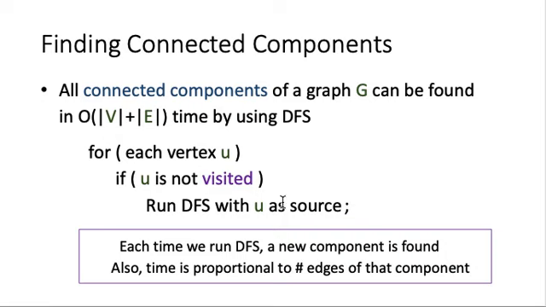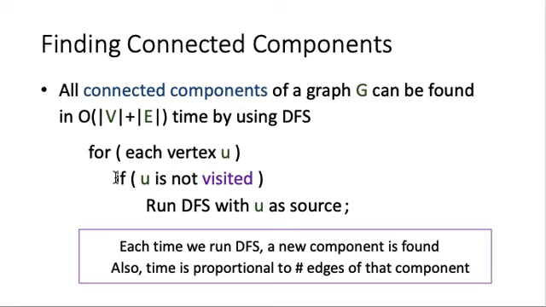After this step, all the nodes reachable from U are now visited. Then when we continue the for loop, we look at the other vertices one by one. As soon as we find some vertex that we have not seen, we run DFS on that vertex, mark more nodes as visited, and so on.